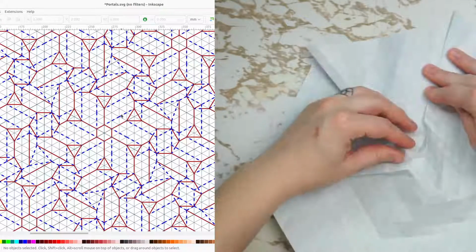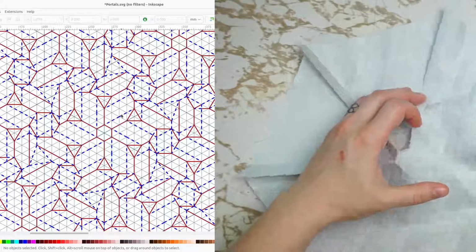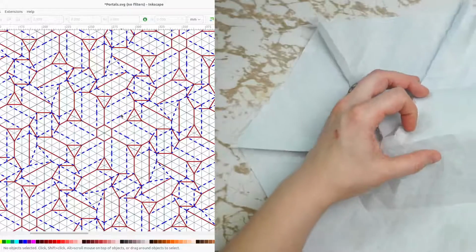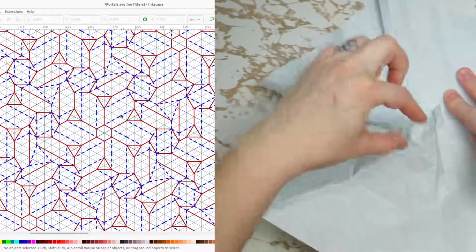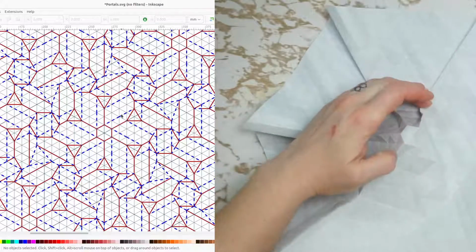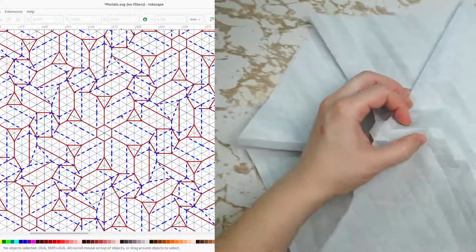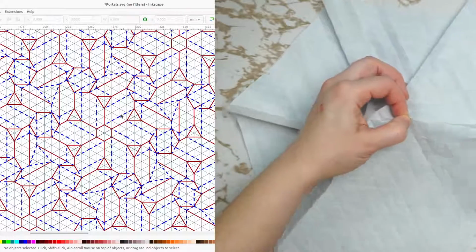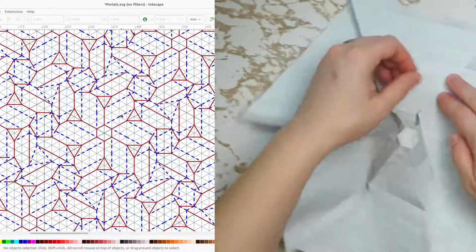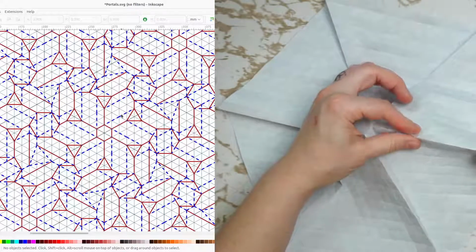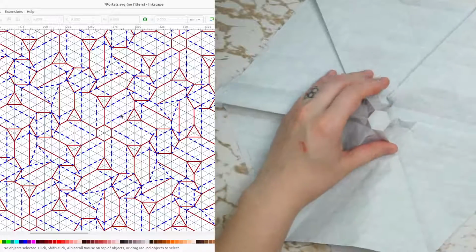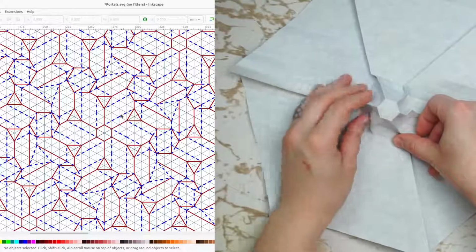making sure that the center of my paper stays up and accessible, that it doesn't get trapped down in some other folds. And I also want to make sure that I'm not erasing existing pleats when I'm adding new ones.